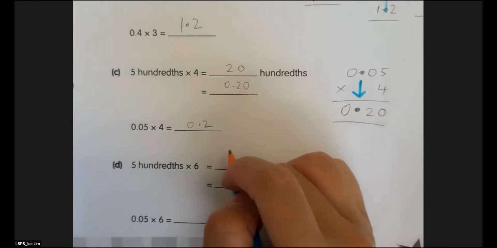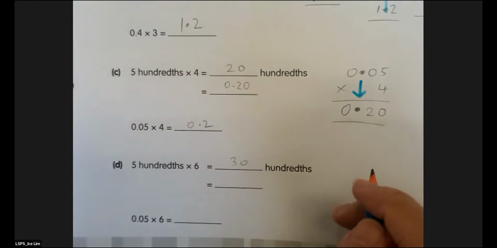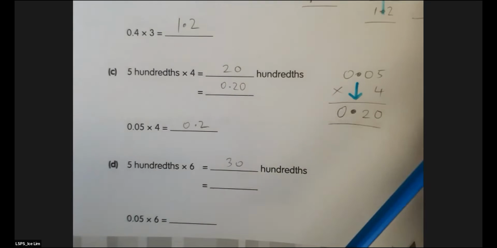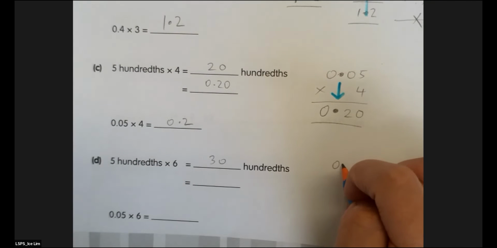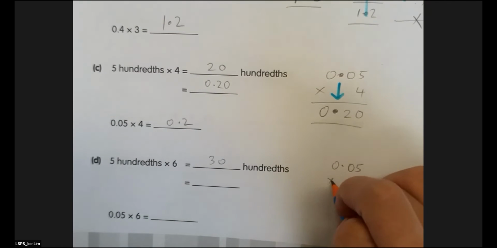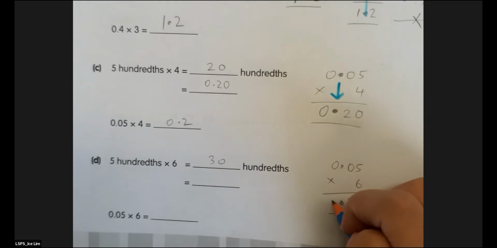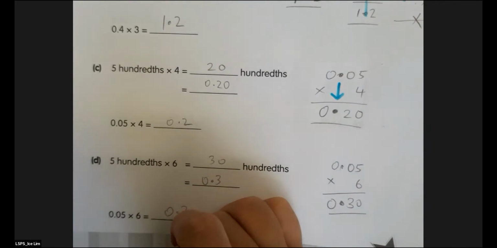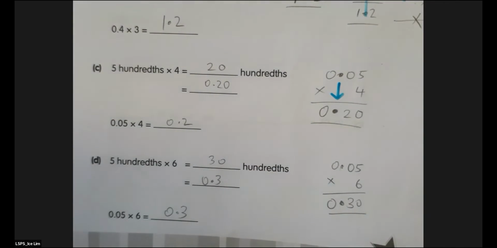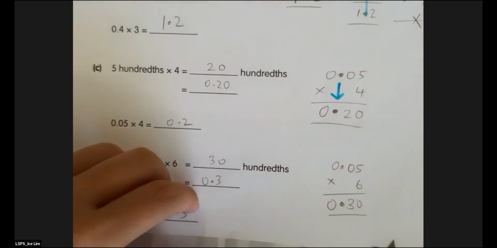Okay. So 5 times 6 is 30. So the same idea comes. I would multiply as how I would do any whole number, but after I do my multiplication, I must remember the decimal point. Is that okay? Okay, that's okay. We move on.